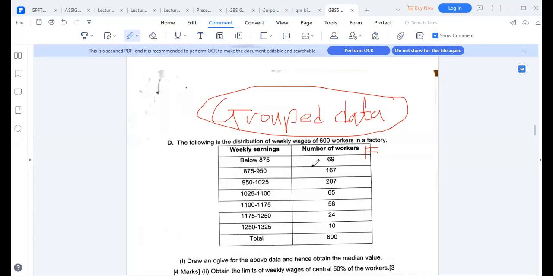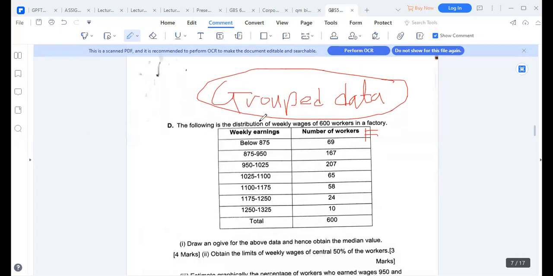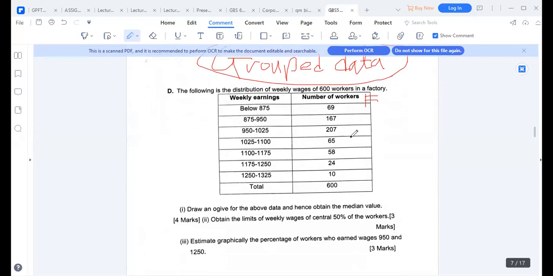So the following is the distribution of weekly wages of 600 workers in a factory. This is grouped data. We have the weekly earnings and the number of workers.